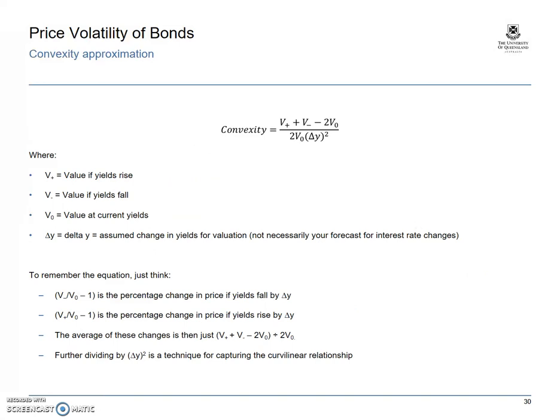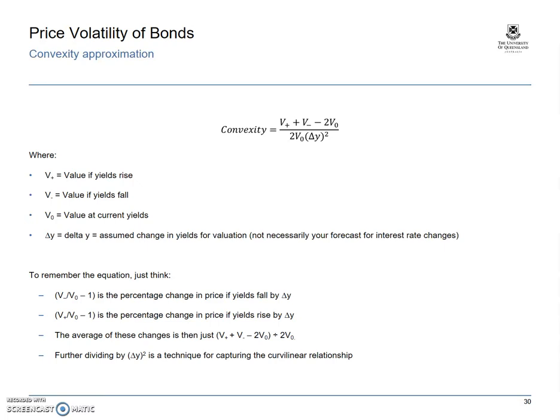Well, in a similar way to the way in which we calculated duration, we find the value of the bond at the current yield. This is V0. We take an arbitrary small adjustment, so we find a delta y, and we then calculate what the value of the bond will be if the yield rises, V positive, and we find the value of the bond if the yield falls, V negative.